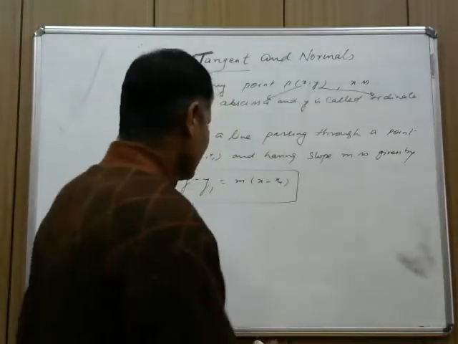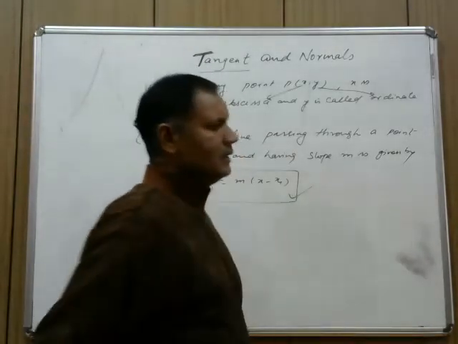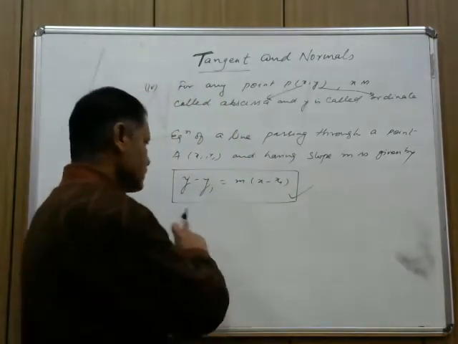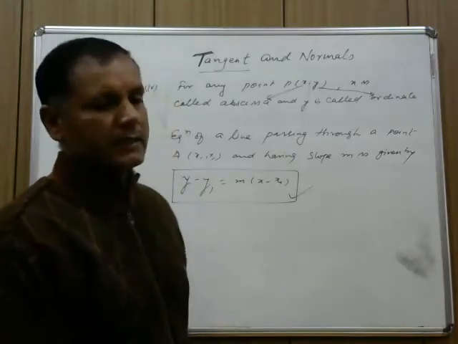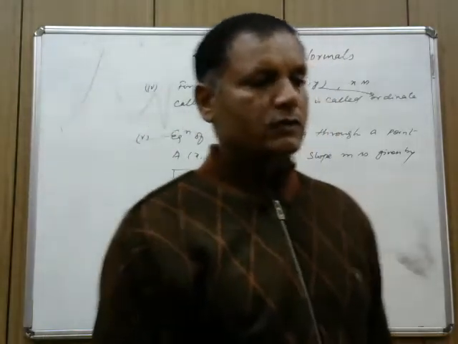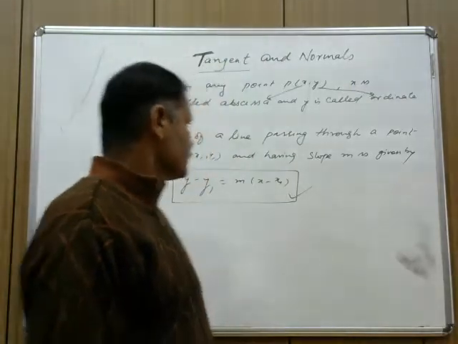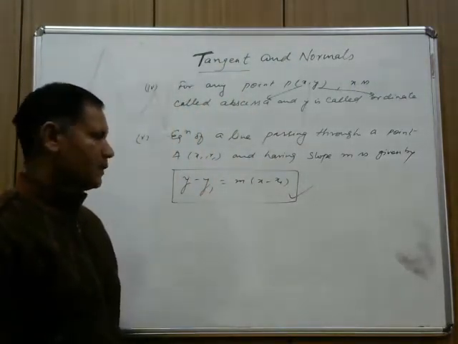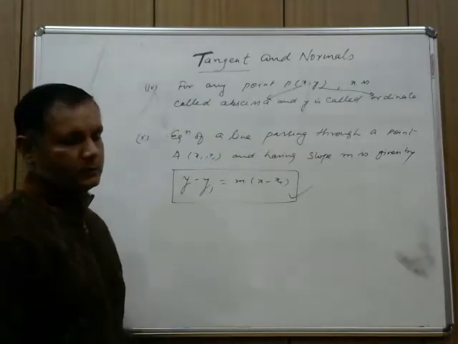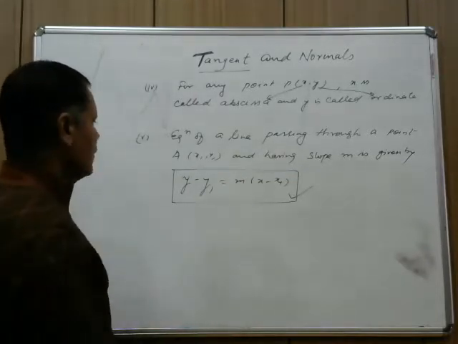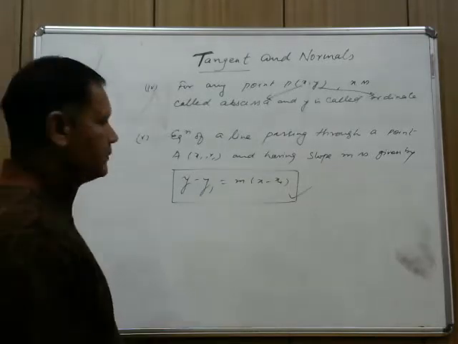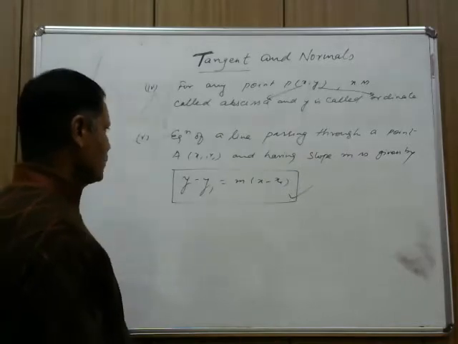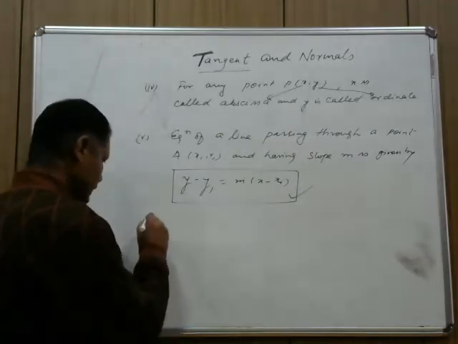Because why I say, because in 99% of questions you have to use this formula. Yes, find the equation of the tangent, find the equation of normal. Right, now this formula is a must to remember, because on the basis of this I am going to find out the next part. And now I will talk about the tangent and normal. What is tangent and what is normal? Before I talk about tangent and normal, let us see one point I will write here.